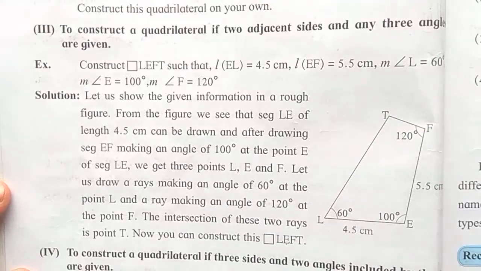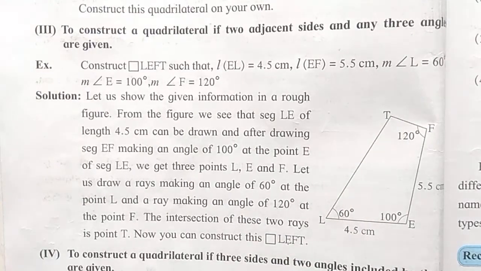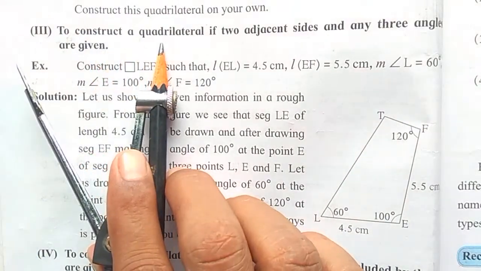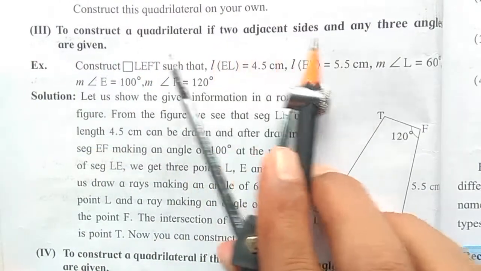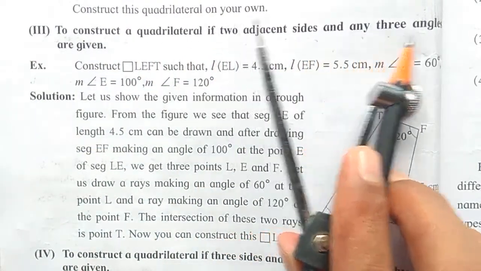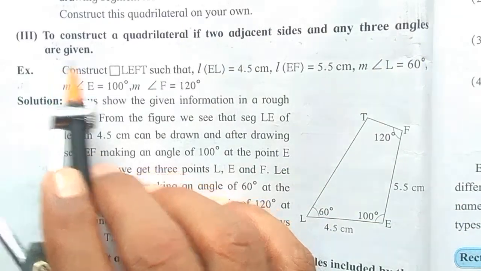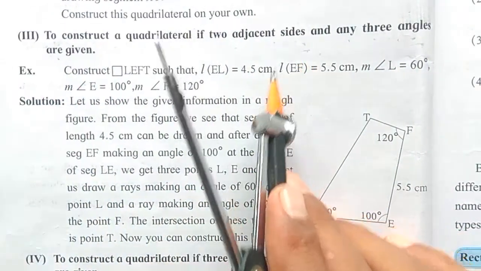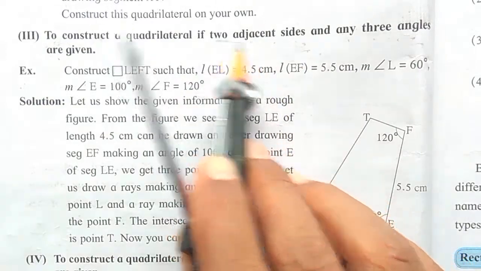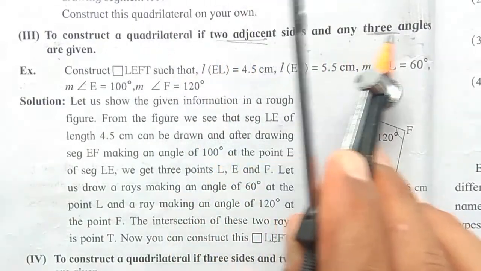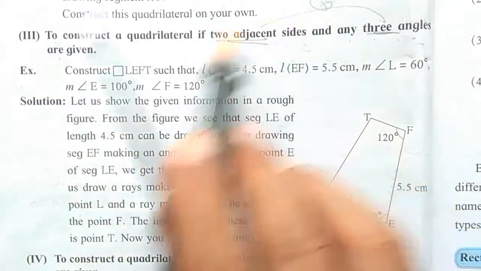Okay, now let us move to the third construction. What is it? To construct a quadrilateral if 2 adjacent sides and any 3 angles are given. Okay, again here also 5 elements are given. 2 adjacent sides and 3 angles means total 5 elements are given.